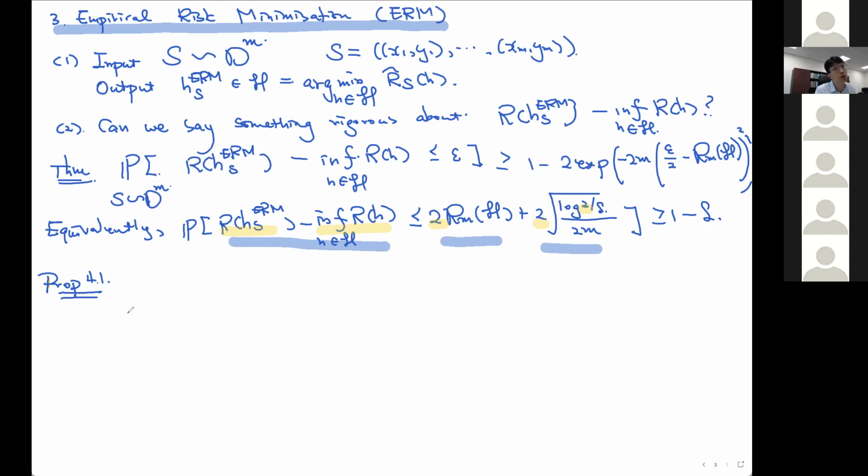And proposition 4.1 uses the generalization bound on the Rademacher complexity. Okay, what is proposition 4.1? First, mark this theorem. You can recognize it. So proposition 4.1 says the following.